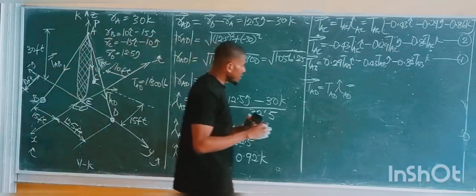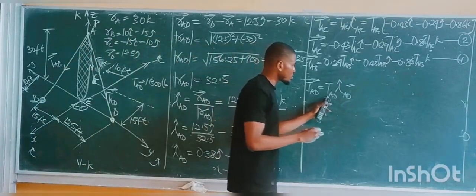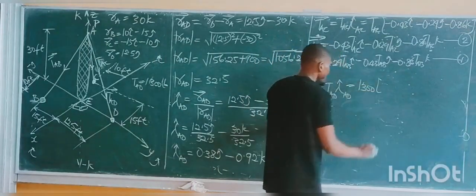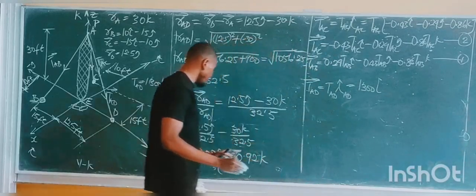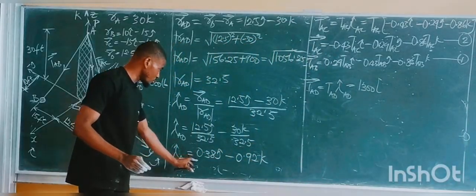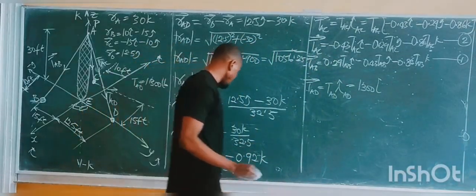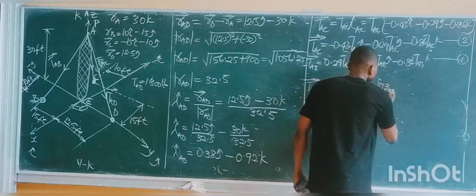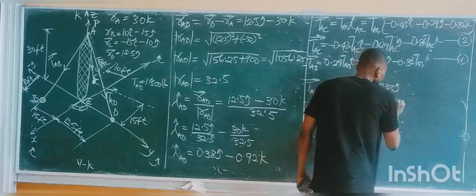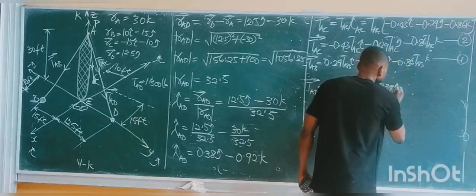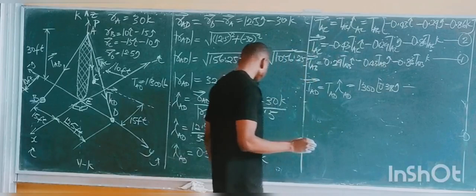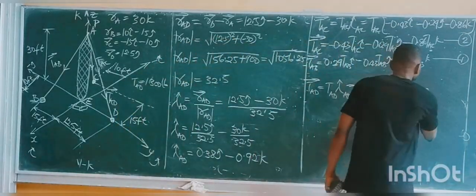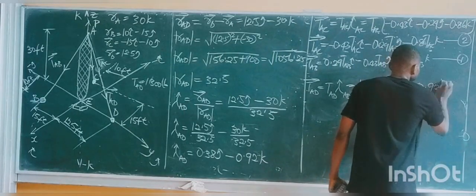So simply, in place of the magnitude of tension, we have 1,300 pounds multiplied by the unit vector of that tension. The unit vector of the position is simply 0.38J minus 0.92K.